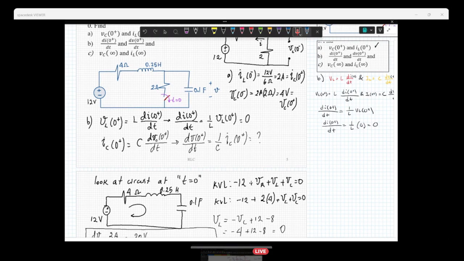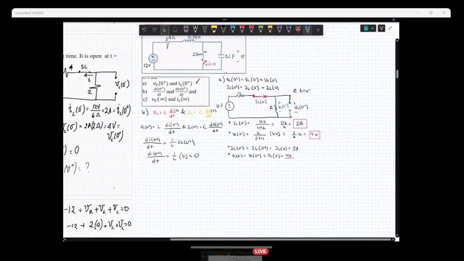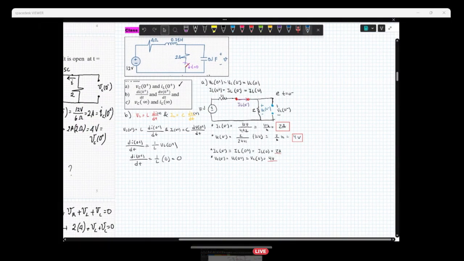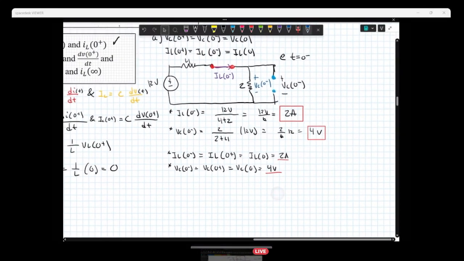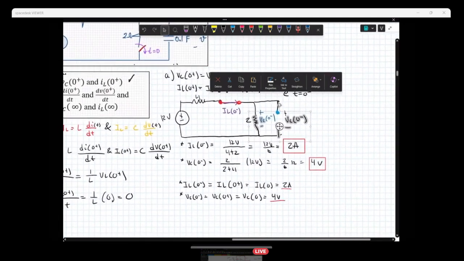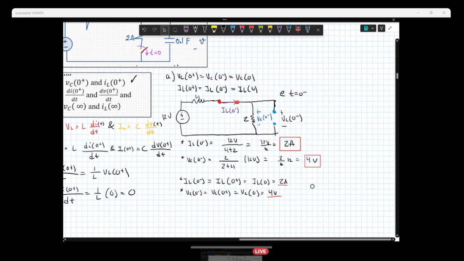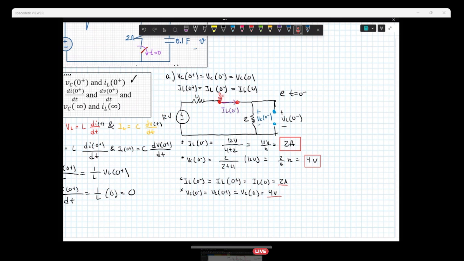Voltage of the inductor at 0 plus. Is it not just, I did voltage division? Oh wait. I mean, I can only think of it because it's 0 here, but that doesn't make sense. I actually don't get why it's 0. Let me see my notes. I wonder if I have a proof here, real quick.